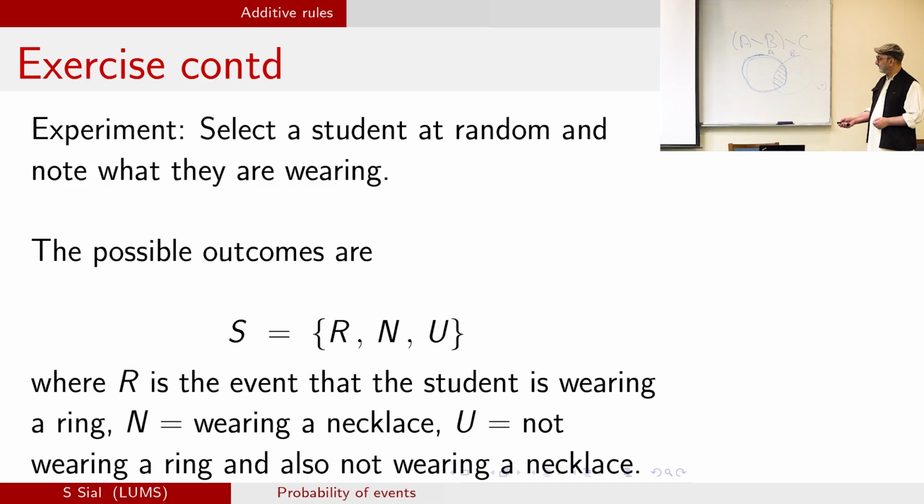Student could be wearing a necklace. Student could be wearing neither. So if you're doing a problem, make sure to name your sets or name your events, and tell me what the names mean. Don't just write a formula involving R, N, and U if you don't tell me what those events are, okay?